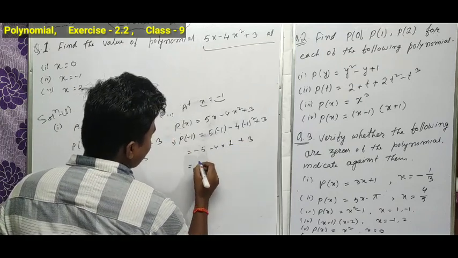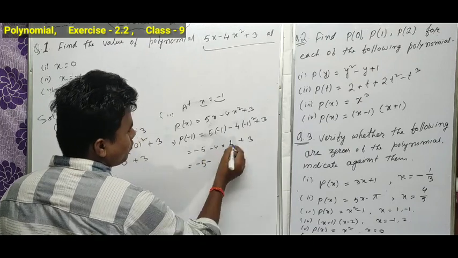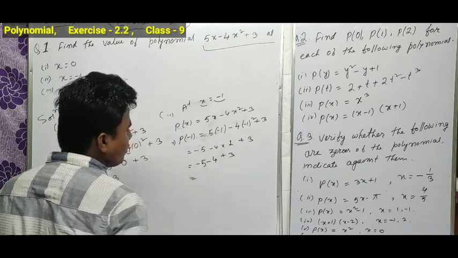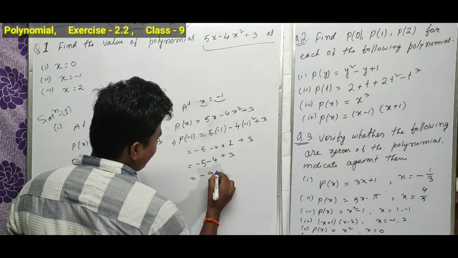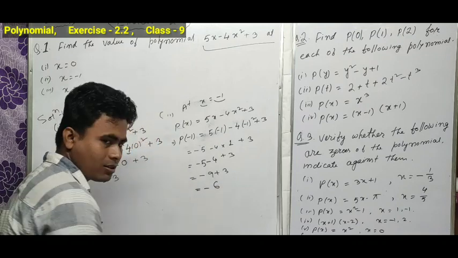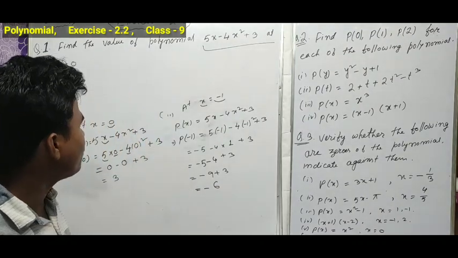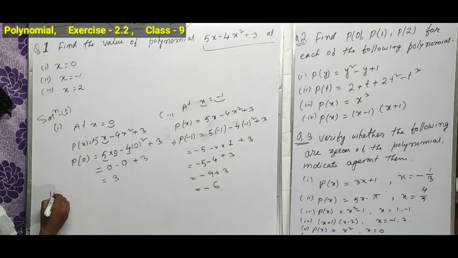Next, minus 5 minus 4 is minus 9, plus 3. So the value that comes out is minus 6. This is our solution of number 2, and then number 3 we are going to find.